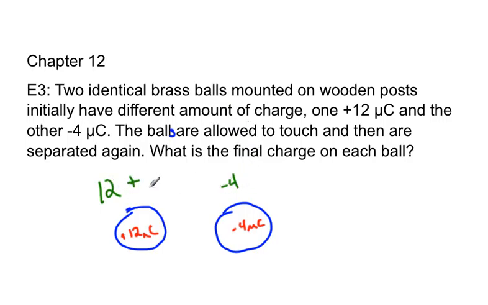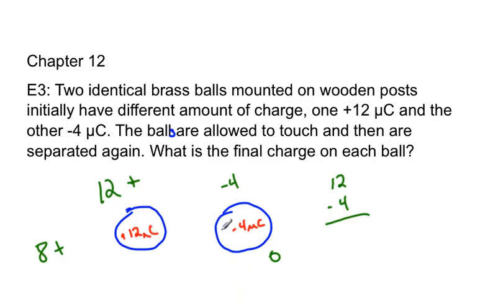Whenever they come together, this one says, I'll help you get rid of that negative. So we're going to go 12 minus 4, because this one is going to give this one 4 positive things, so then it goes neutral. So this one has 8 positive things left over, and this one is neutral.